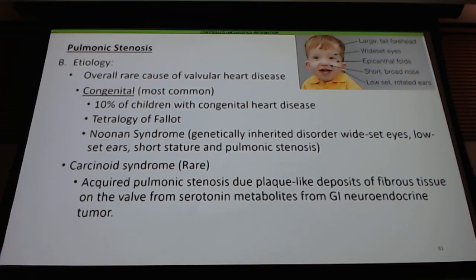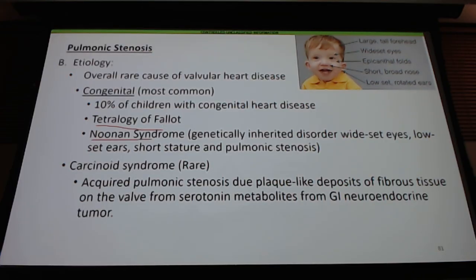Then we finished up talking about the pulmonic valve. We talked about pulmonic stenosis as being a rare condition, and typically we think of this being associated with other congenital abnormalities. So we talked about tetralogy of Fallot, where one of the 4 criteria is pulmonic stenosis, or at least a pulmonic outflow obstruction.